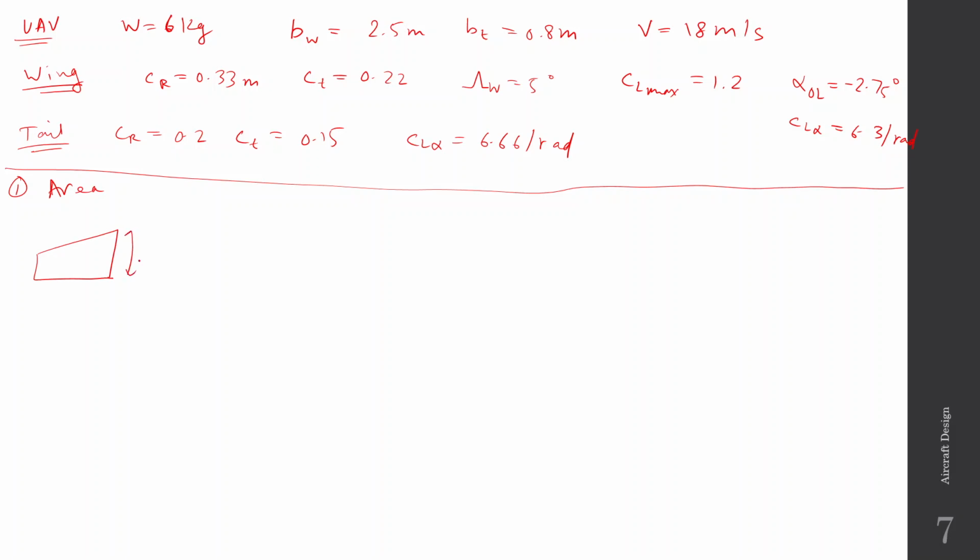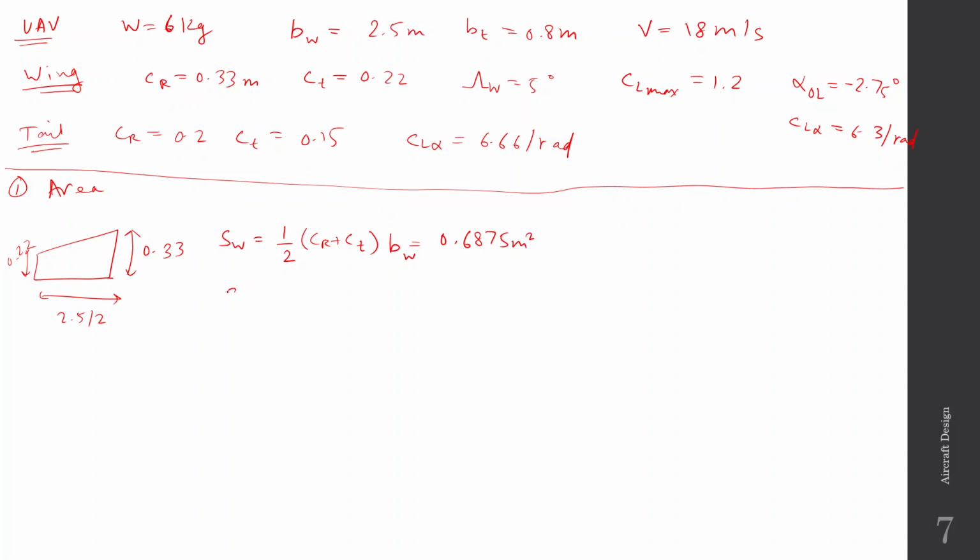For the wing that we have, this is 0.33 and this is 0.22, and this should be half of the wingspan. So we can calculate the area as half times CR plus CT, from the trapezoid area formula, times the half span. Filling in the values, this comes out as 0.6875 meters square.